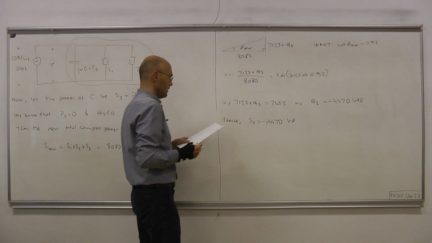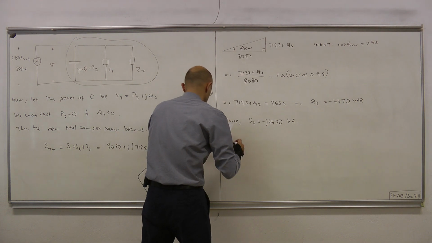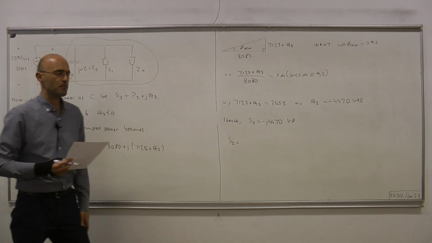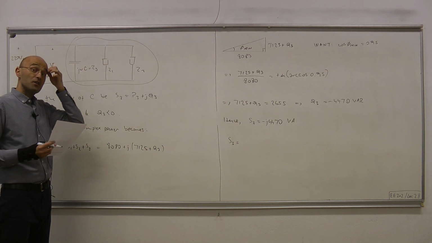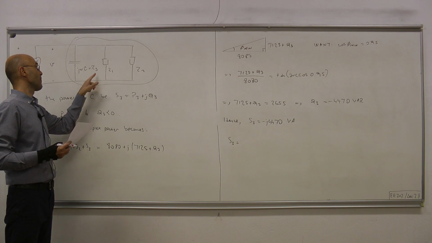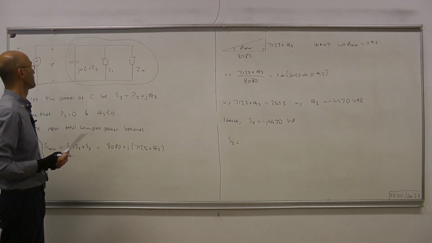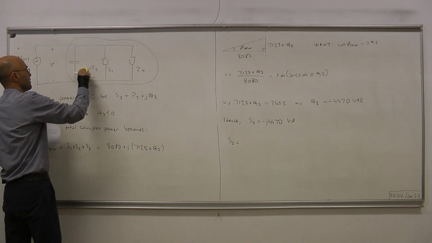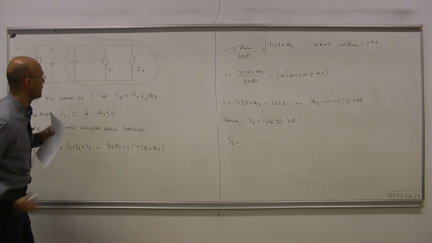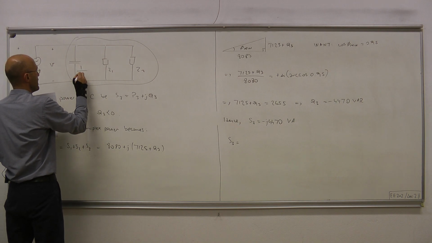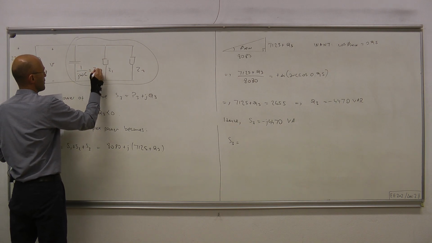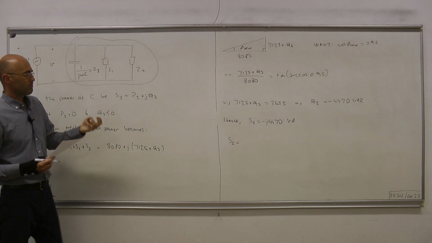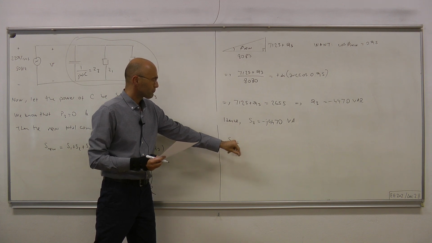Now S3 equals the effective value of the current squared times the impedance Z3. So I made a mistake here. Excuse me. I have to make this, of course, 1 over j omega C. So that's Z3.